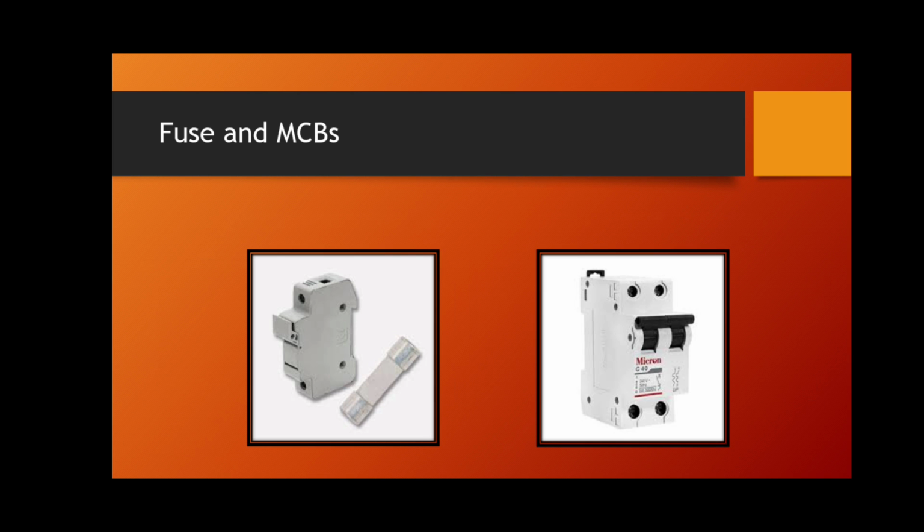In a fuse, a piece of wire whose melting point is low is used. When the current exceeds the permitted value, the fuse wire heats up and melts, and because of its low melting point, the circuit breaks and current flow stops.